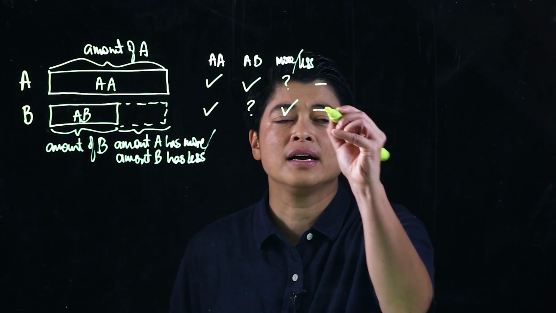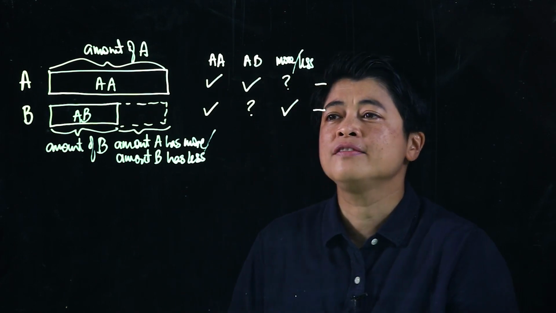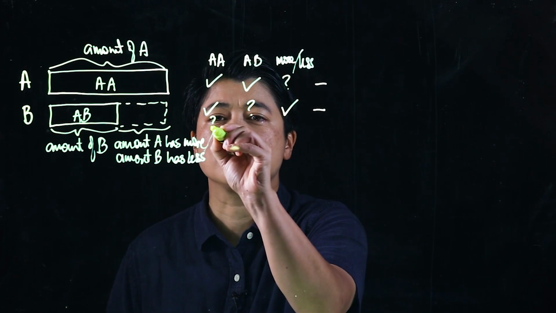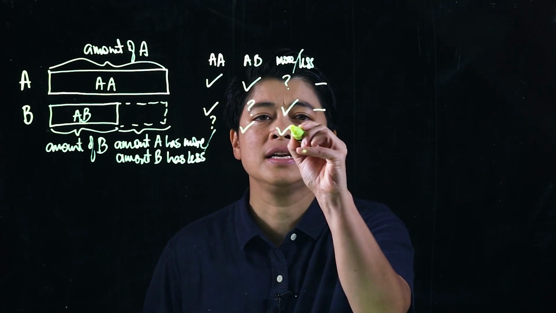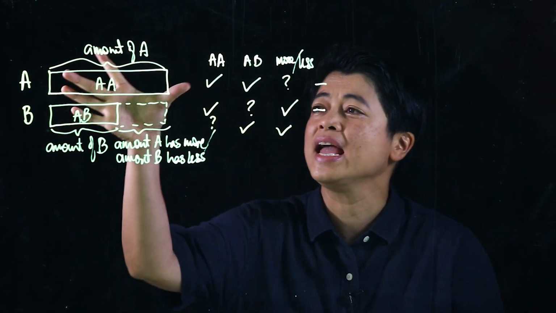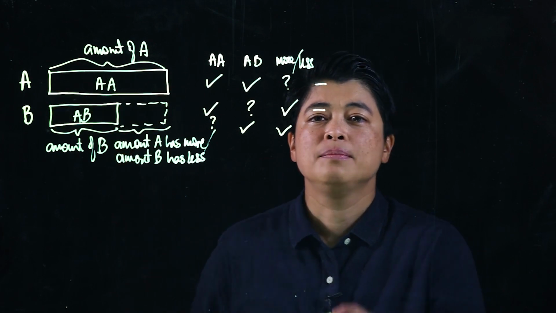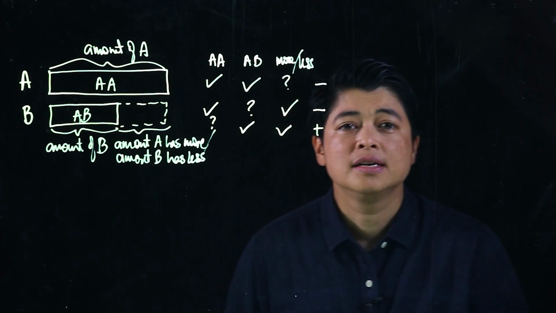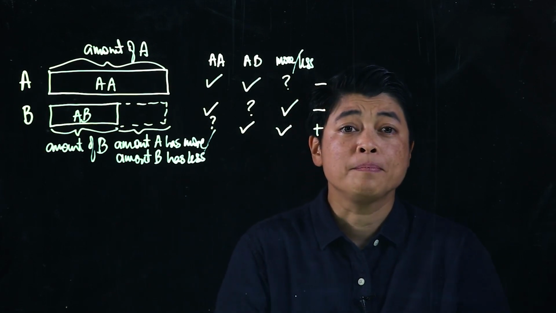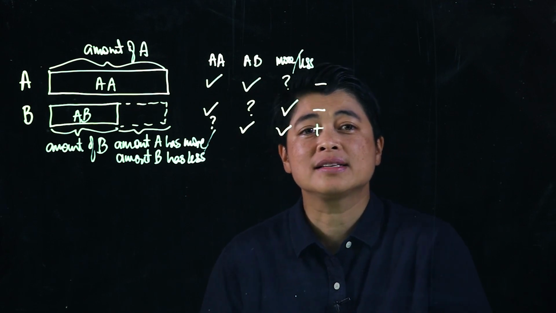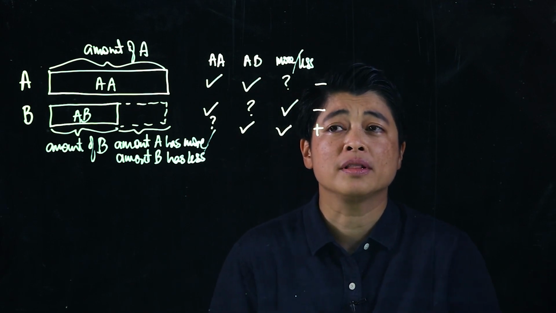Therefore, that would be a subtraction. And finally, if this is your question mark, this is given, and this is given, the A is the whole, making it a plus. So when you're comparing, it doesn't mean that it's going to be a subtraction problem all the time. It depends on the given.